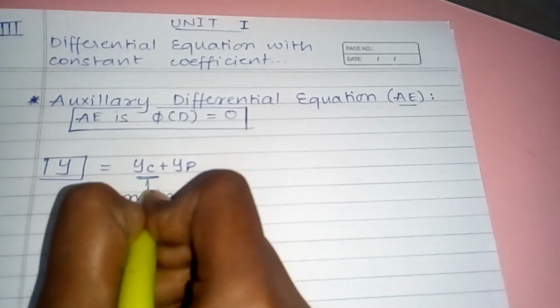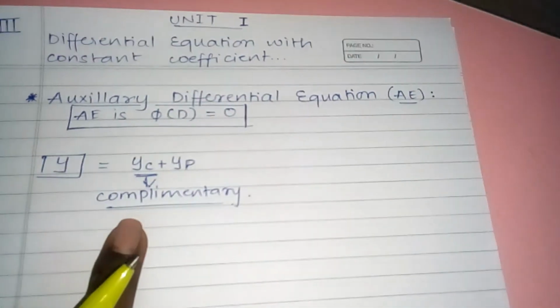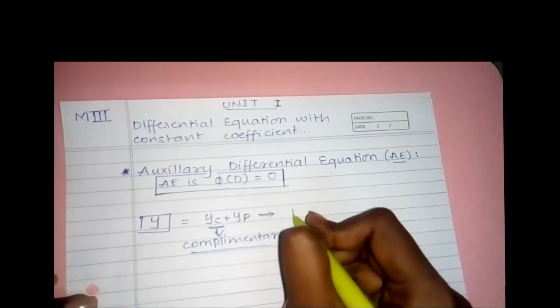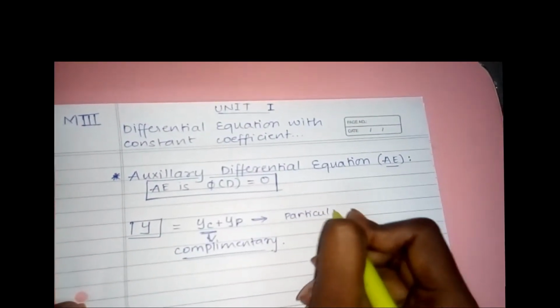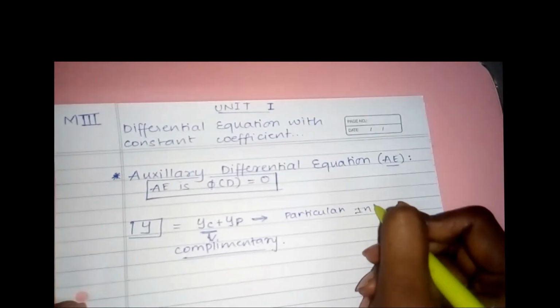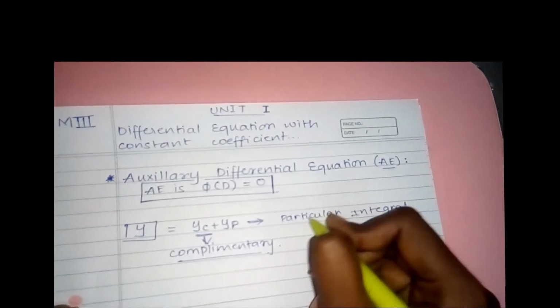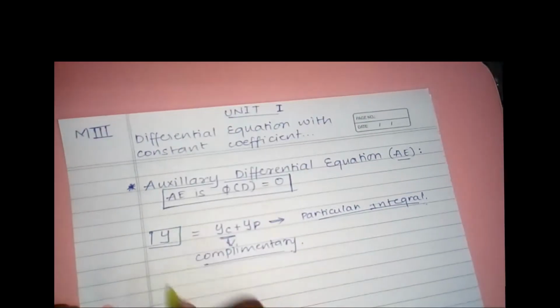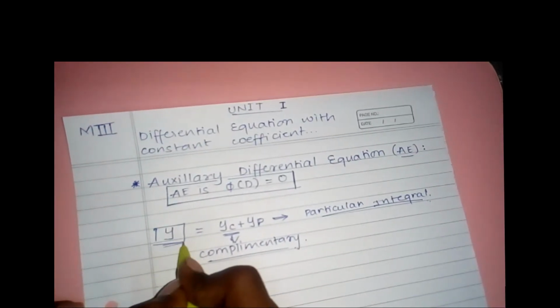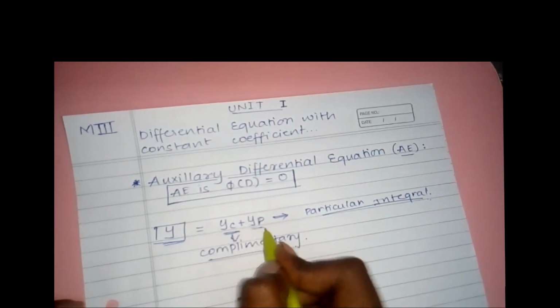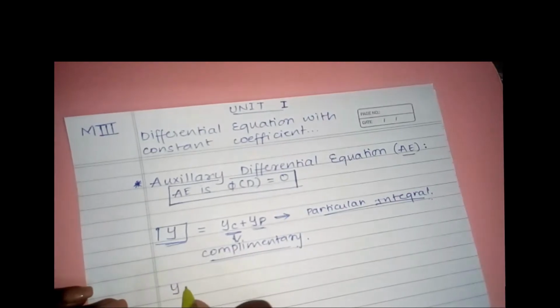First we will see how to take yc, and yp is the particular integral. Now in this we have to find y, so we need yc and yp. First we will see how to find yc.